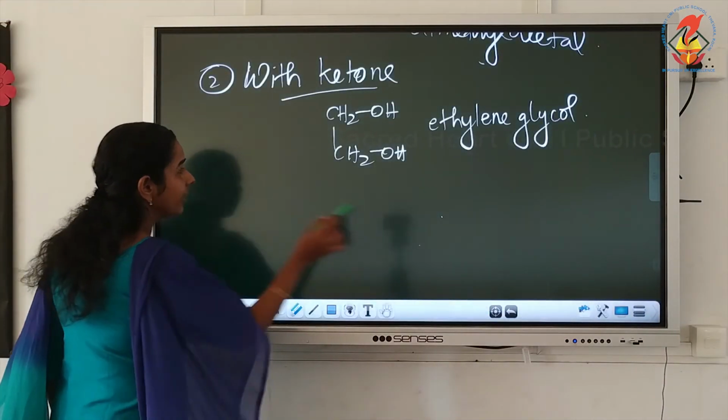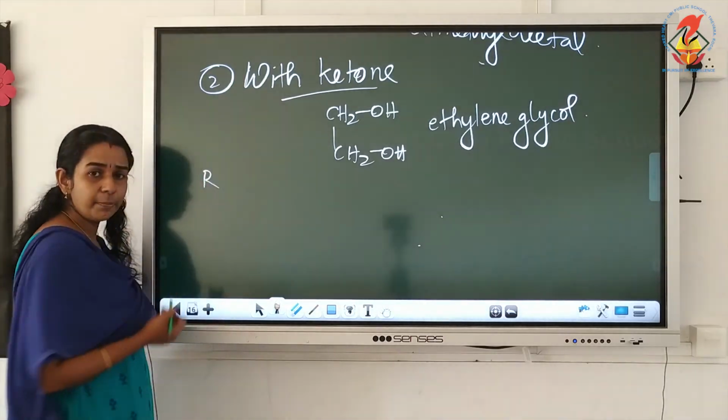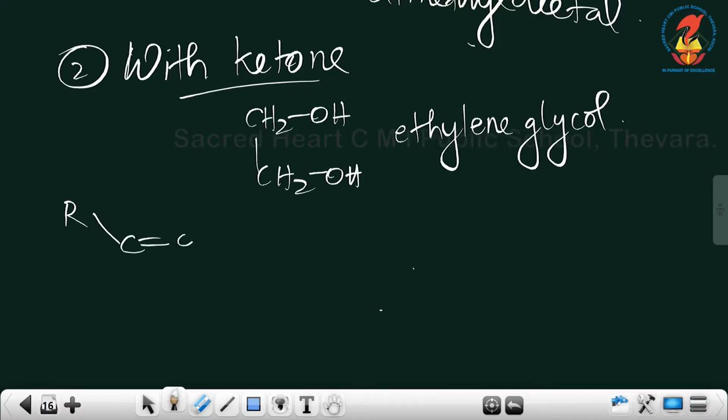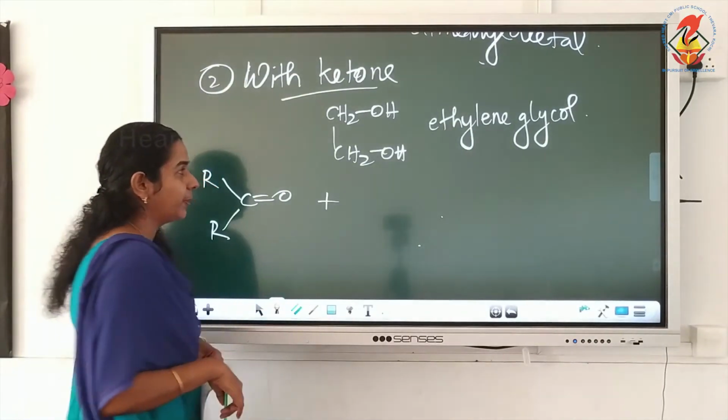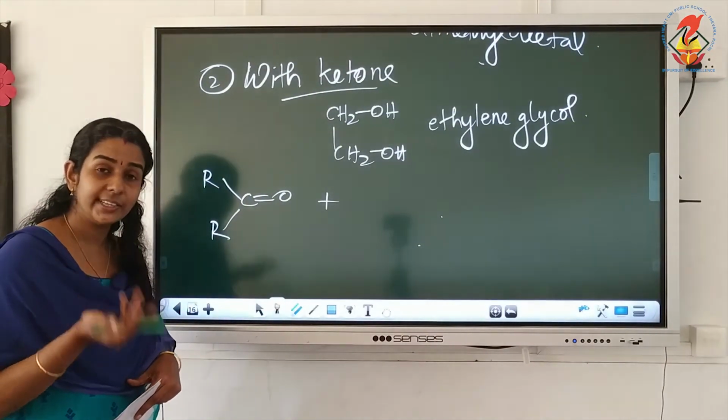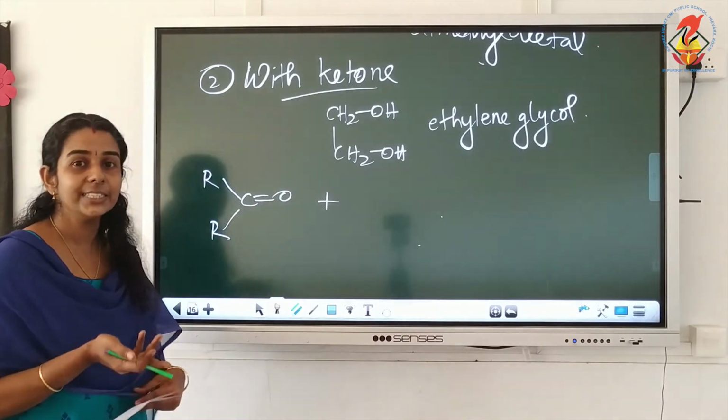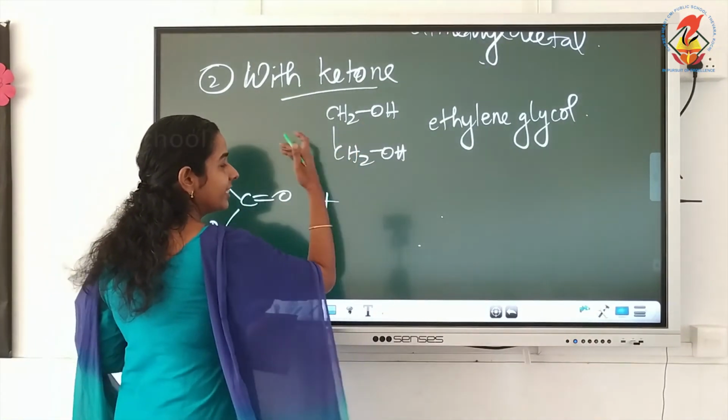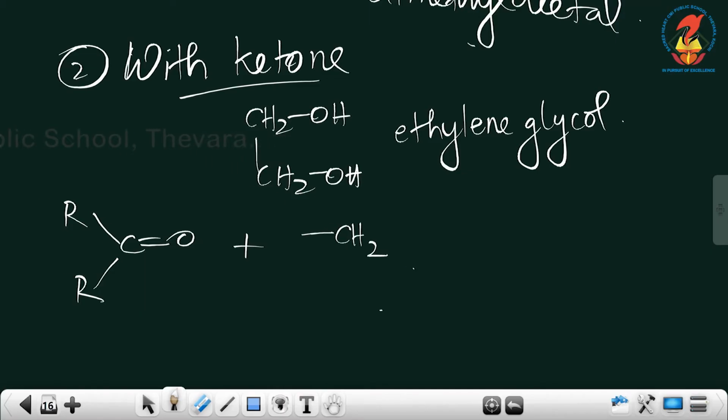Very simple reaction. How can we generally represent a ketone? R, C double bond O, R. When it reacts with ethylene glycol, to understand or to draw the structure easily, I am just writing the ethylene glycol as CH2OH, CH2OH. No problem now.